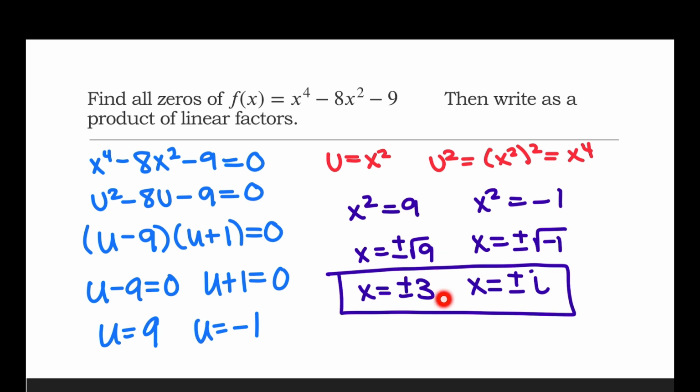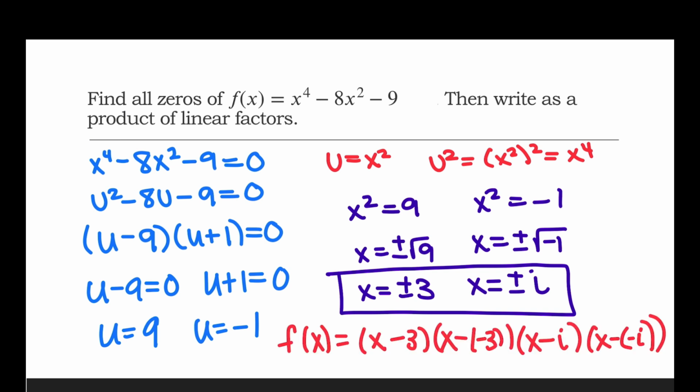Square root of 9 is 3, and square root of negative 1 is that imaginary unit i. So my zeros are positive 3, negative 3, and positive i and negative i. I have 2 real zeros and 2 imaginary zeros. This polynomial can be written as 4 linear factors, and each factor is going to be of the form x minus the zero.